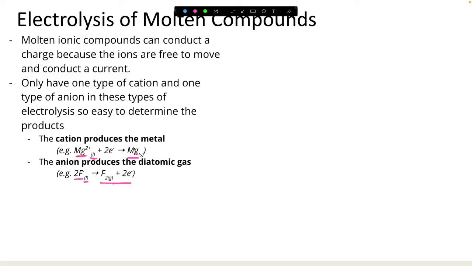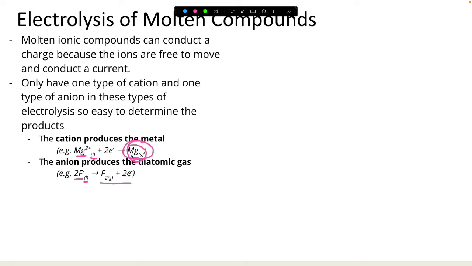So the kinds of questions that we get with electrolysis would be to draw electrolytic cells, which we'll do in just a moment. It will be to predict the products, write half equations, write overall equations, and then to also predict observations. So what would you see if you had this electrolysis unfolding before you? For example, in the case over here, we would see the production of a silver solid.